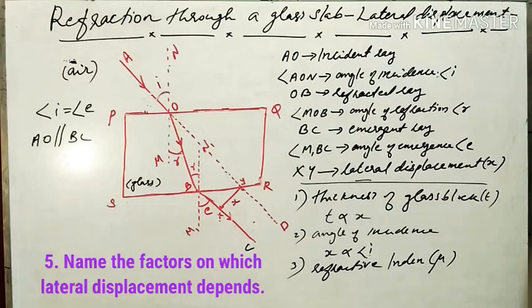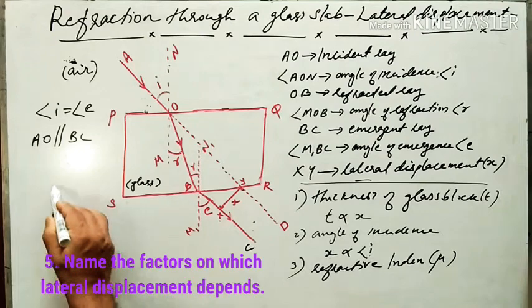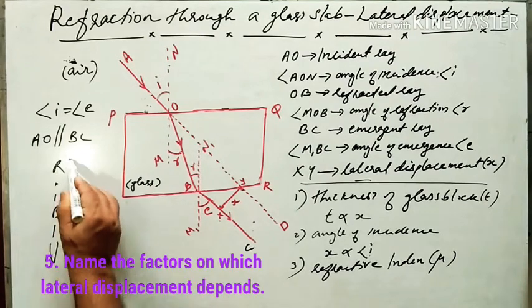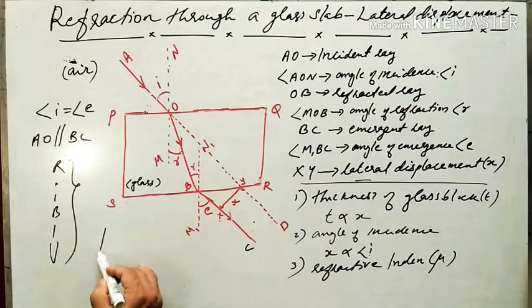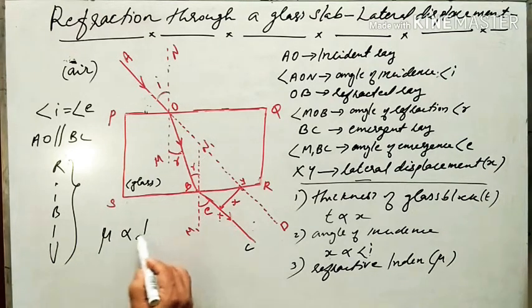As you know, white light is a bundle of 7 colors, 7 wavelengths, starting from violet, indigo, blue, green, yellow, orange, red, VIBGYOR. We know it. Okay. So I can say that since the refractive index increases with decrease in wavelength, refractive index is inversely proportional to wavelength.